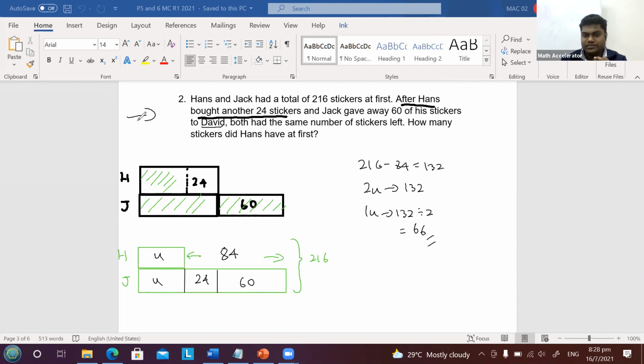You want to try? Okay, I'm going to clear this now. So this one, you can write this as method 2, okay?